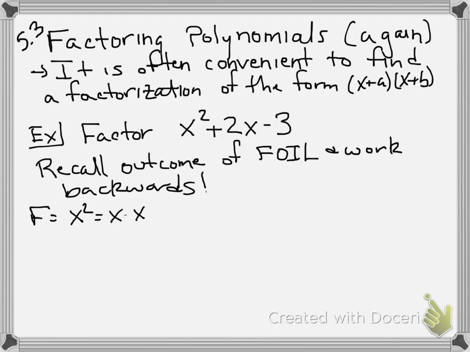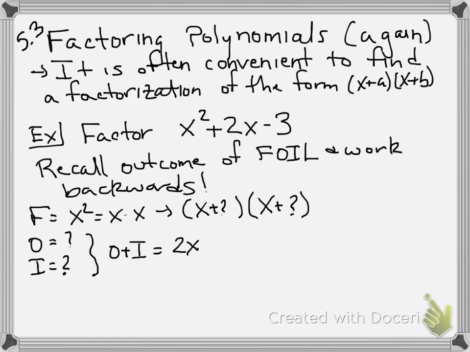Okay, so in this case, we know that our F term is x squared, which is x times x, which tells us that we have some form that looks like x plus something times x plus something. We don't know anything else at this point, but if we can factor this as two binomials, this is what it's going to look like. We don't know what O and I are because all we have is a single central term.